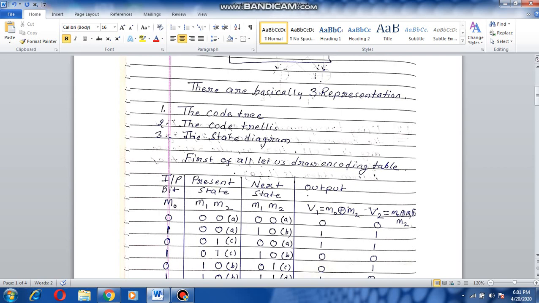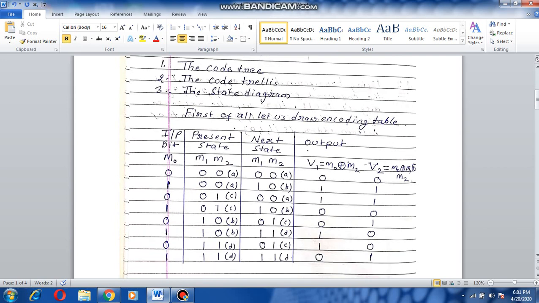To draw the encoding table, we have to consider the input bit that is stored in M0. States, as I have already told you, comprise of the elements that are stored in M1 and M2. So we will be having the present state, that is when we turn on the coder, the bits that are stored in M1 and M2.